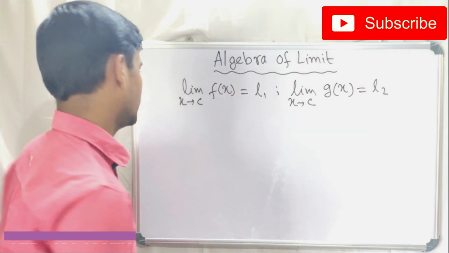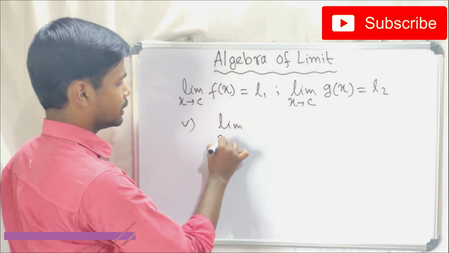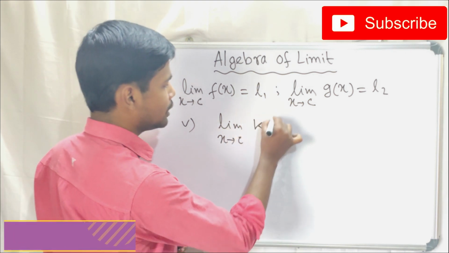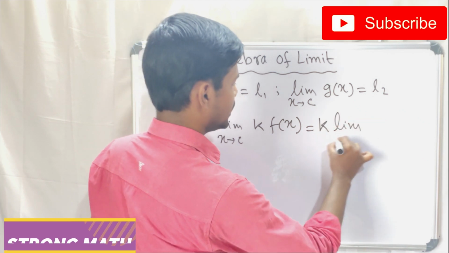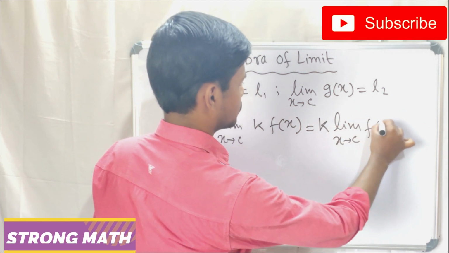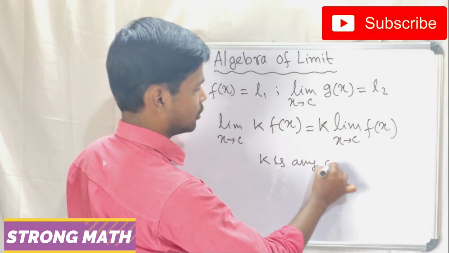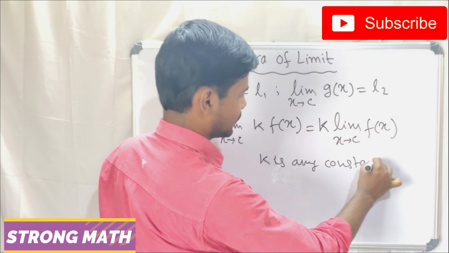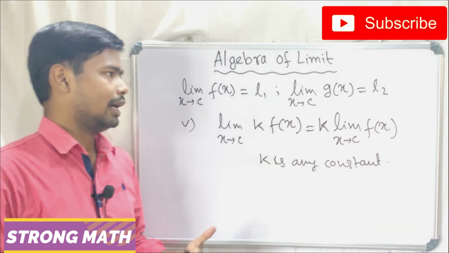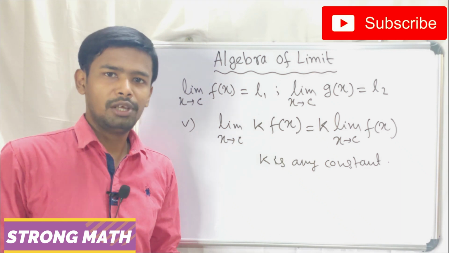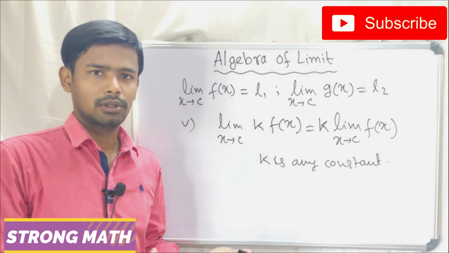And there is another law, number 5, the limit as x tends to c of k into f of x equals k into the limit as x tends to c of f of x, where k is any constant or scalar, any real number. So these are the algebra of limits, these are the properties or rules.